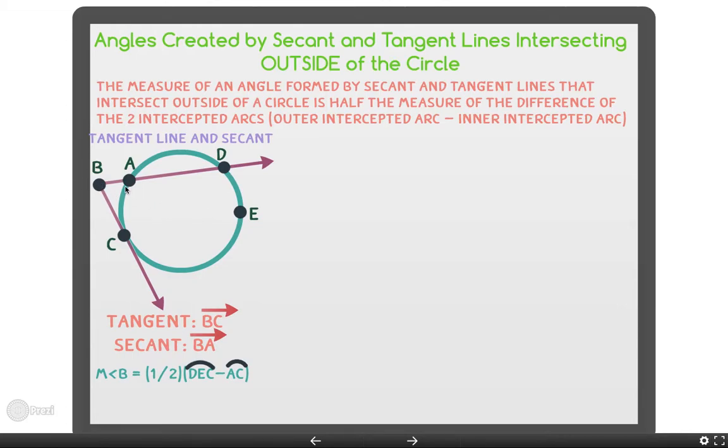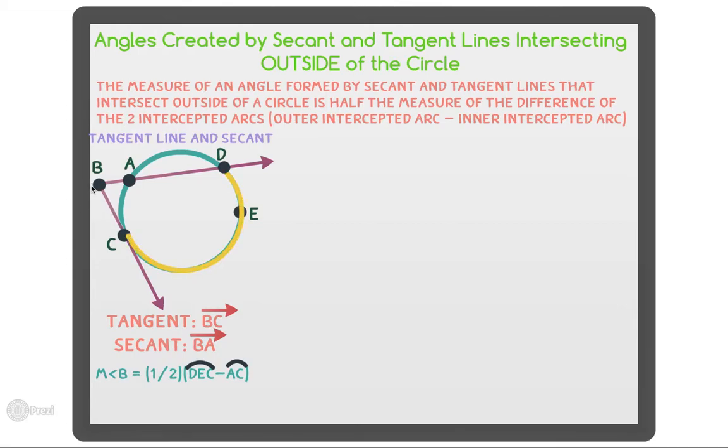Between my two intercepted arcs, arc AC and arc DEC, the one that is further away from this angle is arc DEC. That is the one that you start from. That's why I called it the outer intercepted arc. So it's the outer intercepted arc minus the inner one, or the one closest to the angle. So we do the outer arc minus the inner arc and divide by 2.